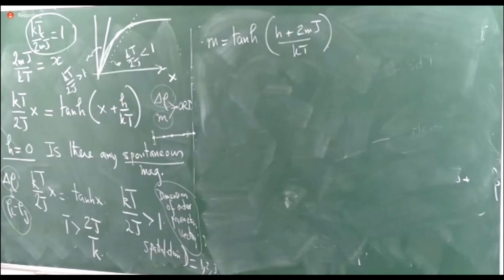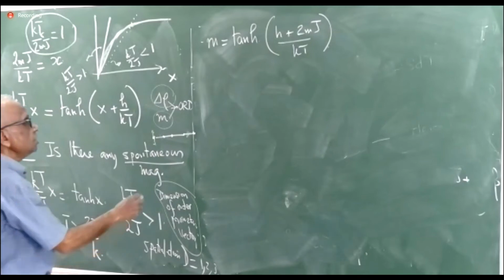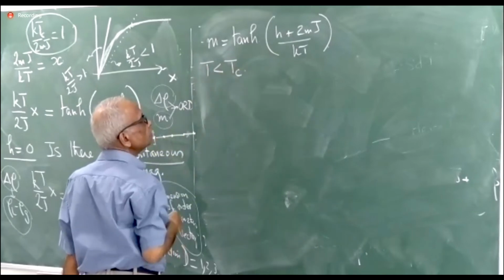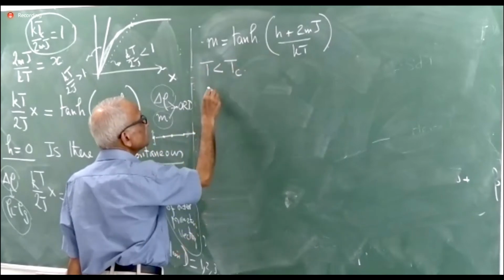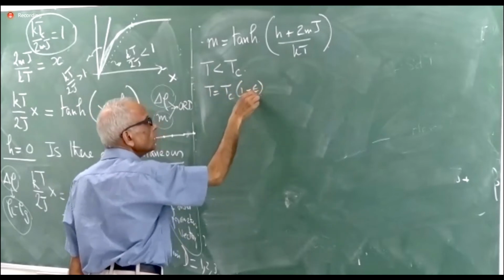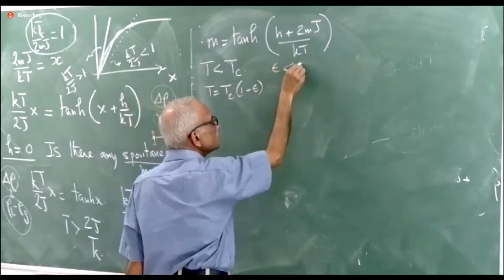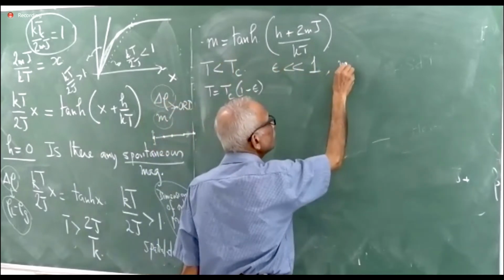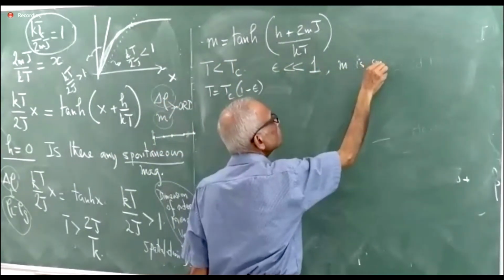And let me talk about T less than Tc. So T is equal to Tc into 1 minus epsilon. Epsilon is much, much smaller than 1, and therefore m is small.